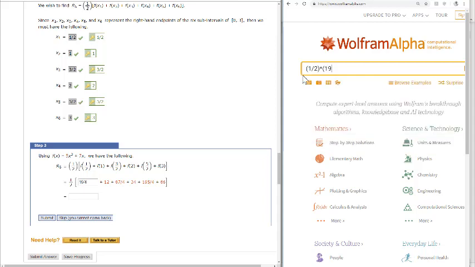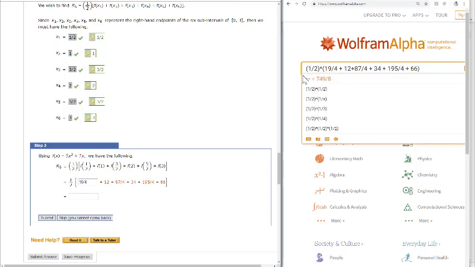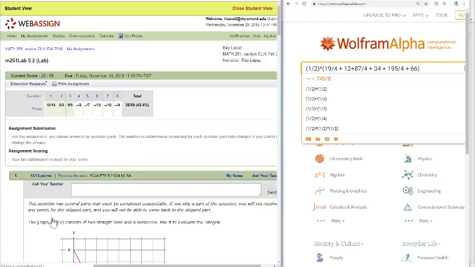We have 19/4 plus 12 plus 87 over 4 plus 34 plus 195 over 4 plus 66. And so it looks like that ends up to be 749 divided by 8. So 749 divided by 8 should be our final answer.